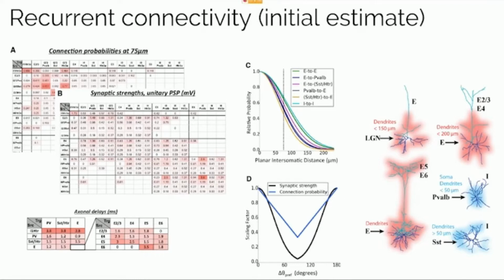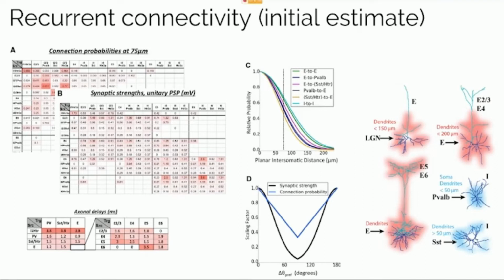Using the data, estimates were formulated of connection probability, synaptic amplitude, or the strength of synapses, these two you see in the top left, the axonal delays of connections, you see this in the bottom left panel, and dendritic targeting of synapses, which you see illustrated on the right panel. Synapses were placed along the dendrites up to 150 microns away from the soma, but excluding the soma.